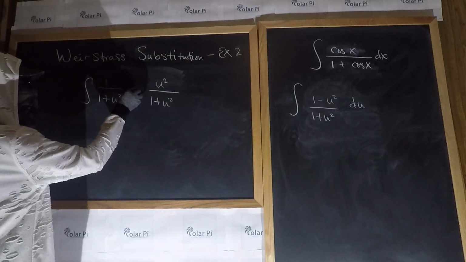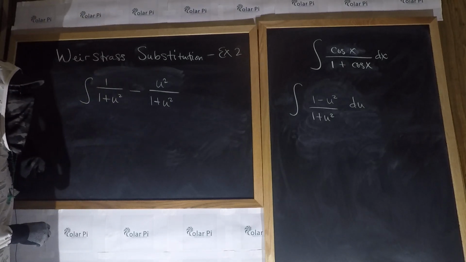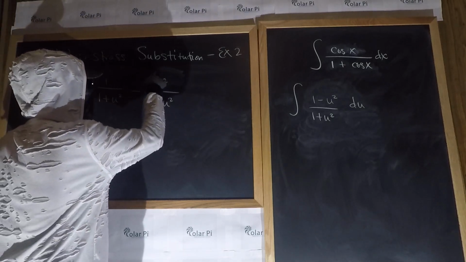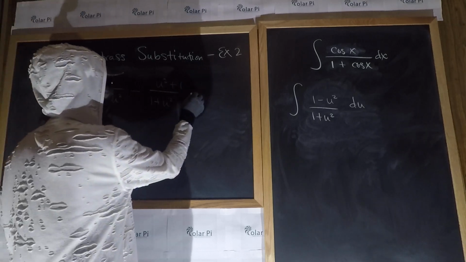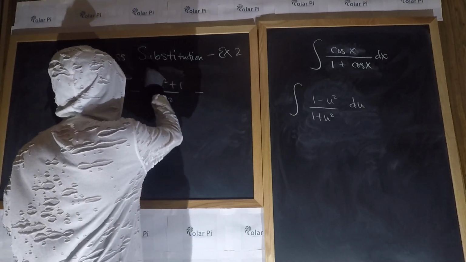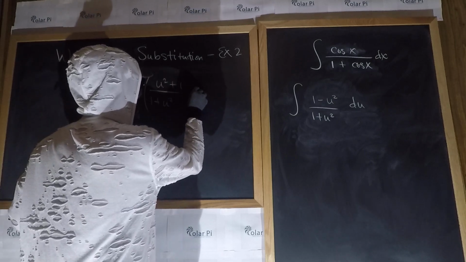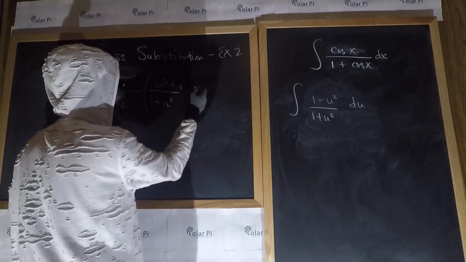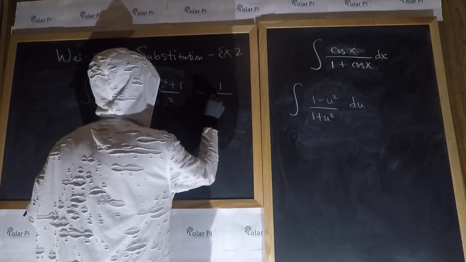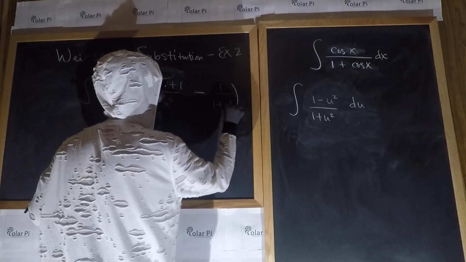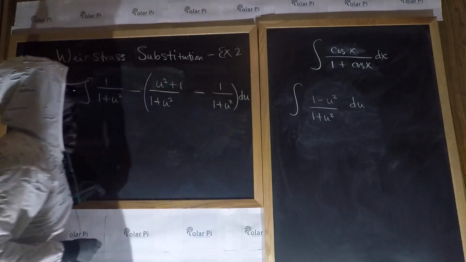Now, here's what I'm going to do. I'm going to cleverly put a minus sign right there, and then here I'm going to add a 1. And then of course, I need to make up for it by writing this, but I have to have a parenthesis right there to do what I just did. So minus, and then 1 over 1 plus u squared, and then du all the way down here.